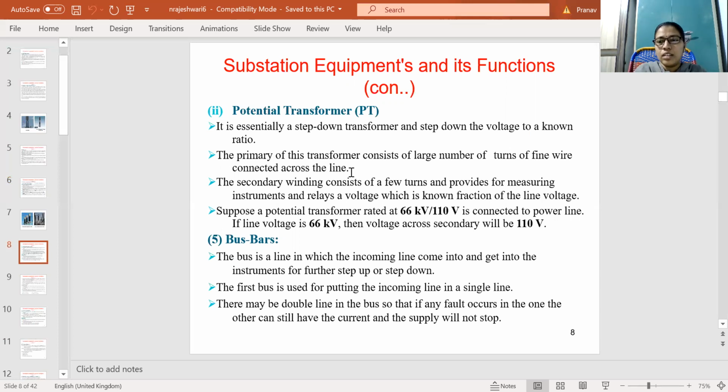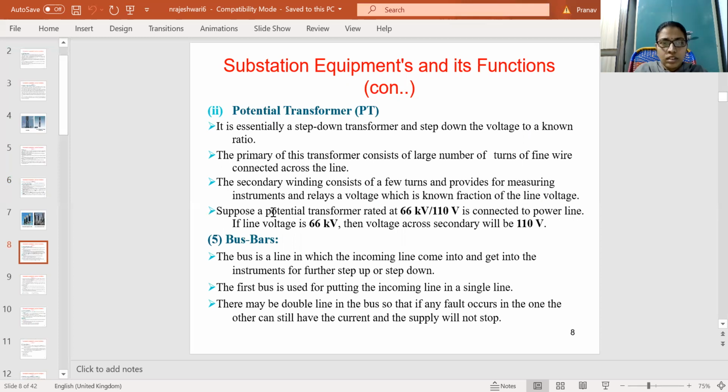In the case of the current transformer, it is connected in series with the line. But in the case of the potential transformer, the primary consists of a large number of turns and is connected across the power lines. The secondary winding consists of a few turns and provides measuring instruments and relays a voltage which is a known fraction of the line voltage.